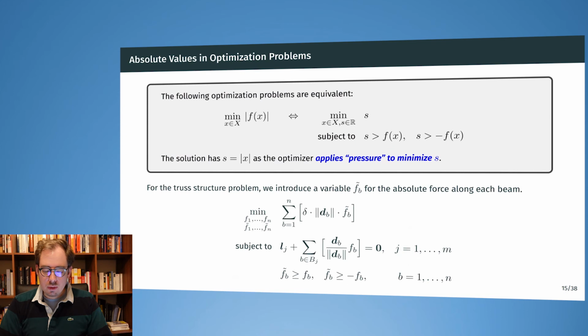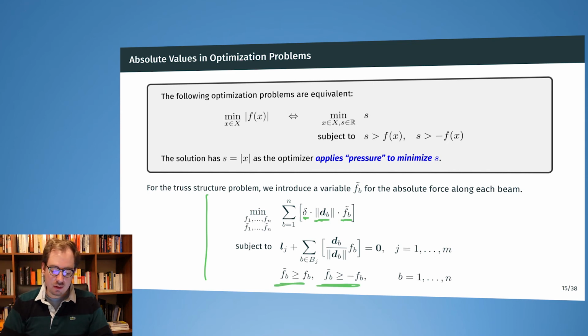Okay, now with this we can state the full optimization problem for computing the minimum weight design of our bridge. And this is a linear problem because delta is fixed, the length of the beams is fixed, and now we just take the sum over all beams and here look at the absolute value of the beams that we have created by adding these additional constraints.